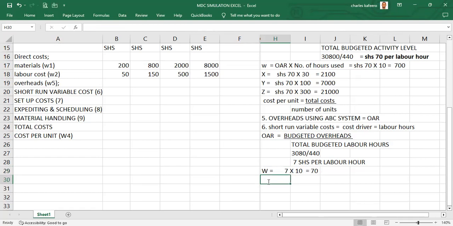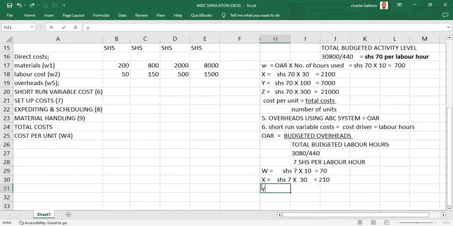So for product X, it's going to be 7 shillings multiplied by the number of hours, which are 30. So we will get 210. Let me also add shillings so that those watching can recall what we are doing.